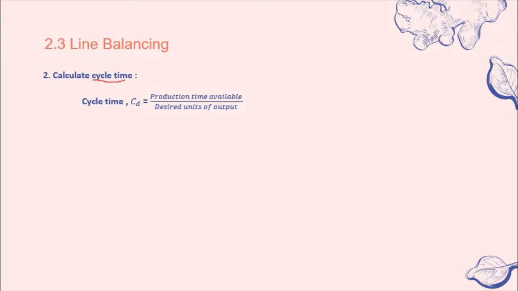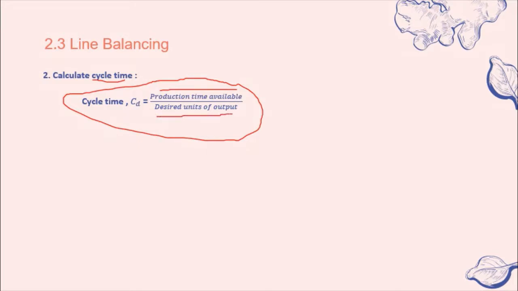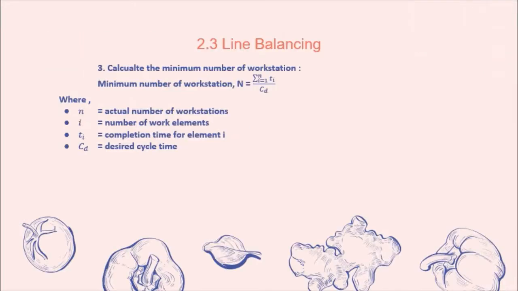This is the formula for the cycle time. It is equal to production time available divided by desired unit of output.